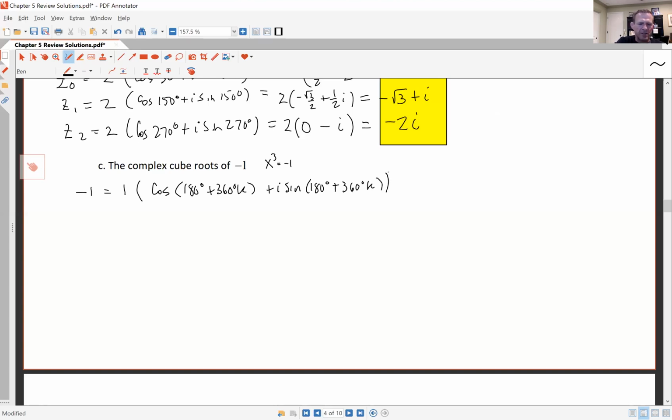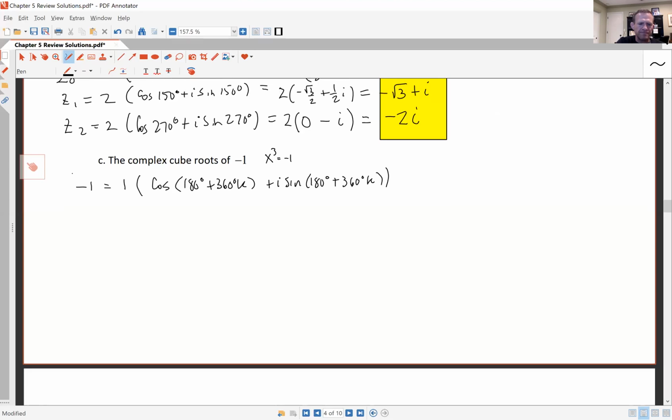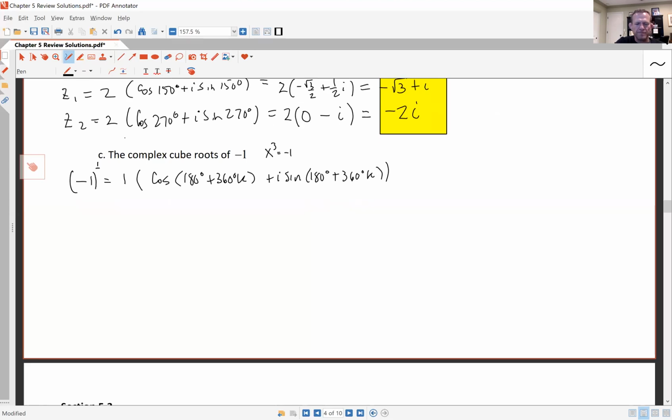And if we want to take the cube roots of that, x would be negative 1 to the 1/3. Most people will just say that negative 1 to the 1/3 is negative 1, but there's 3 solutions to that. The other 2 are complex.